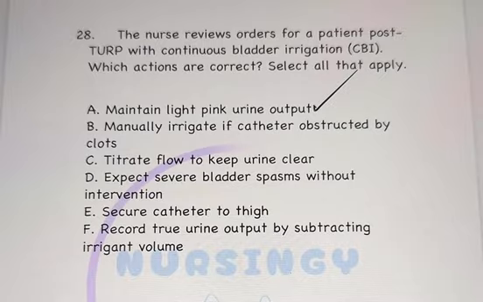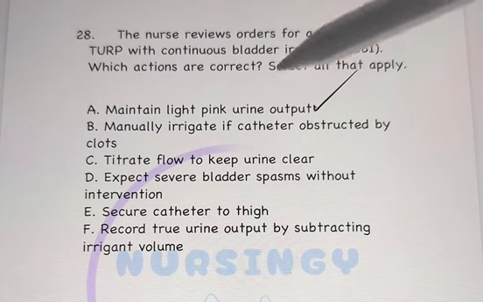Usually a clot gets stuck there, so you need manual irrigation. Definitely we will report, but this is the option. We are just checking whether it can help or not.